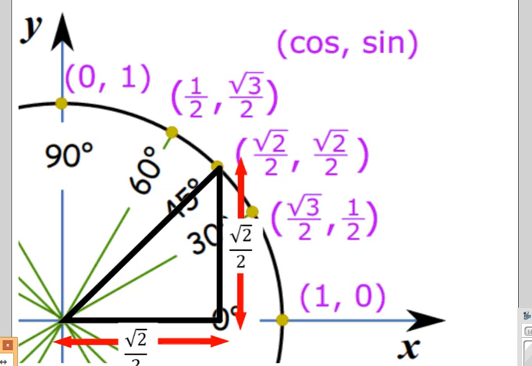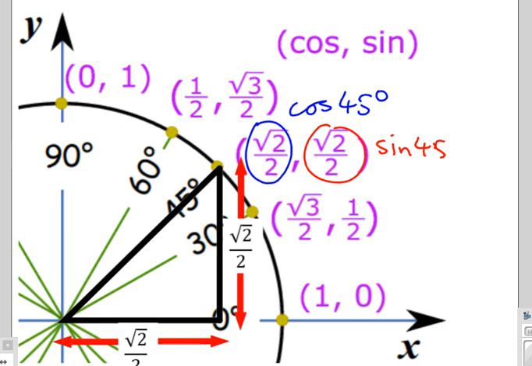And our other special triangle went here. Therefore, this is cosine 45 degrees, and this is sine 45 degrees. What's tan 45 degrees? 1, because it's a ratio of 2 equal numbers.